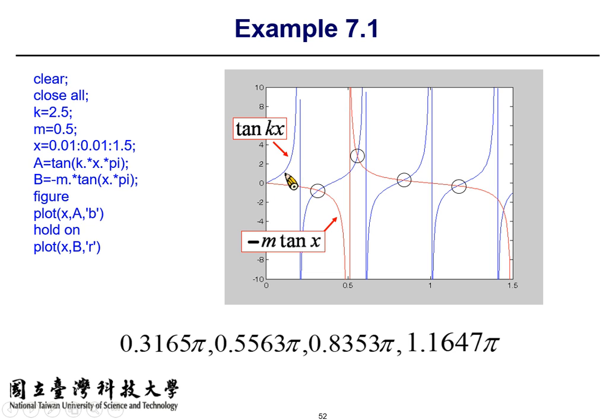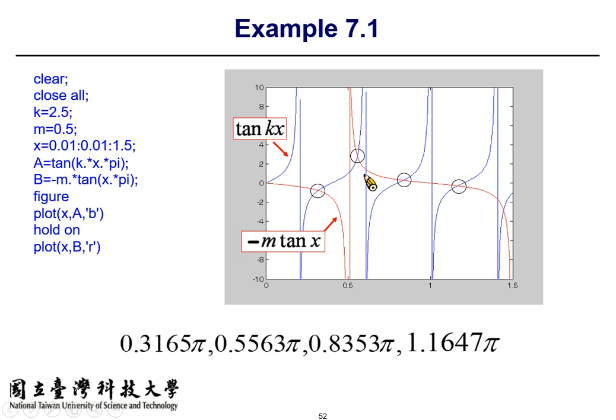Okay, so the blue line is the equation for tangent kx. The red line is the equation for minus m times tangent x. So the intersections are the solutions for the original equation.